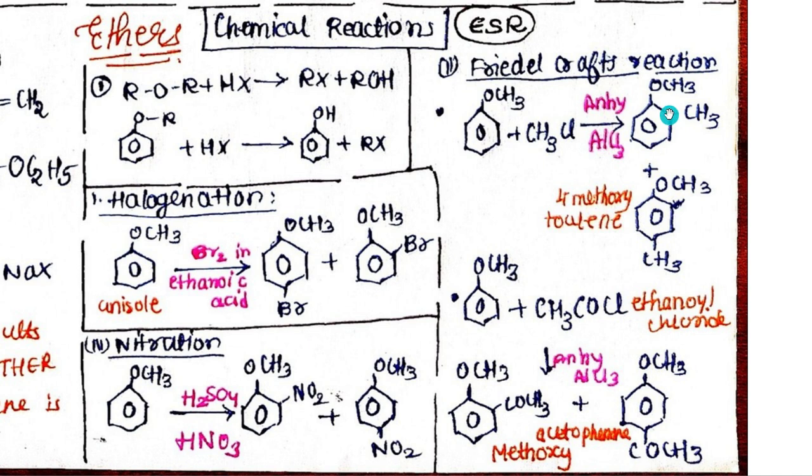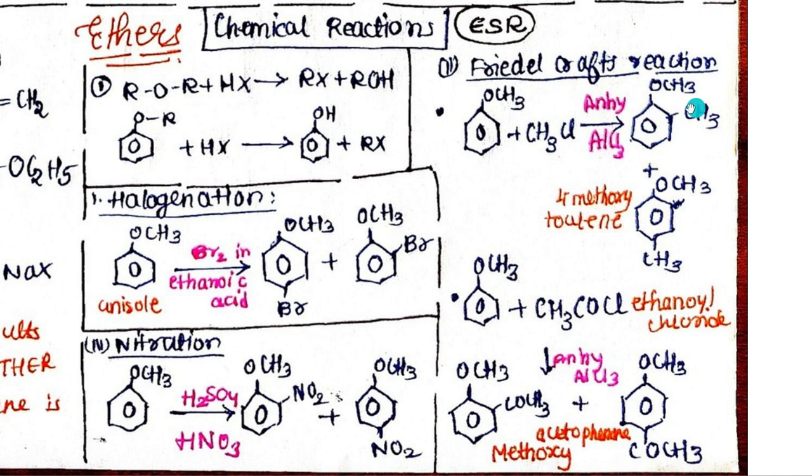Alkylation: here we have again our anisole plus CH3Cl in presence of anhydrous AlCl3, giving us 2-methoxytoluene and 4-methoxytoluene.